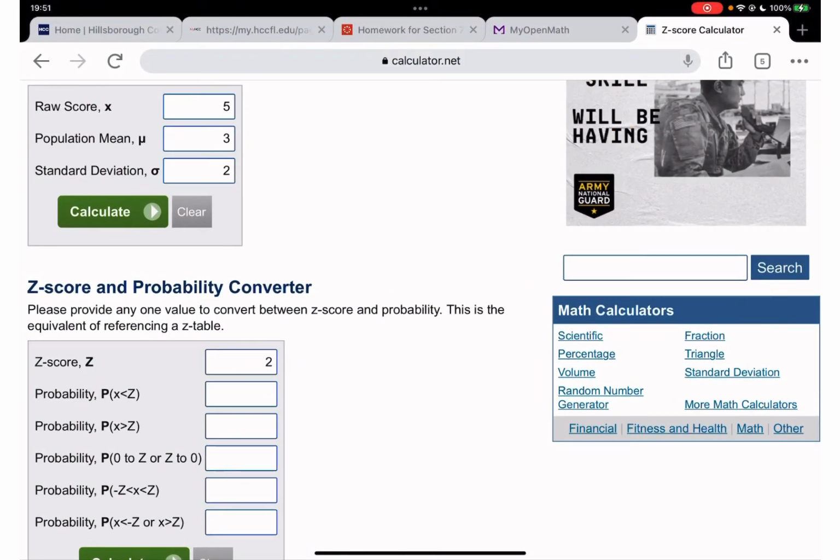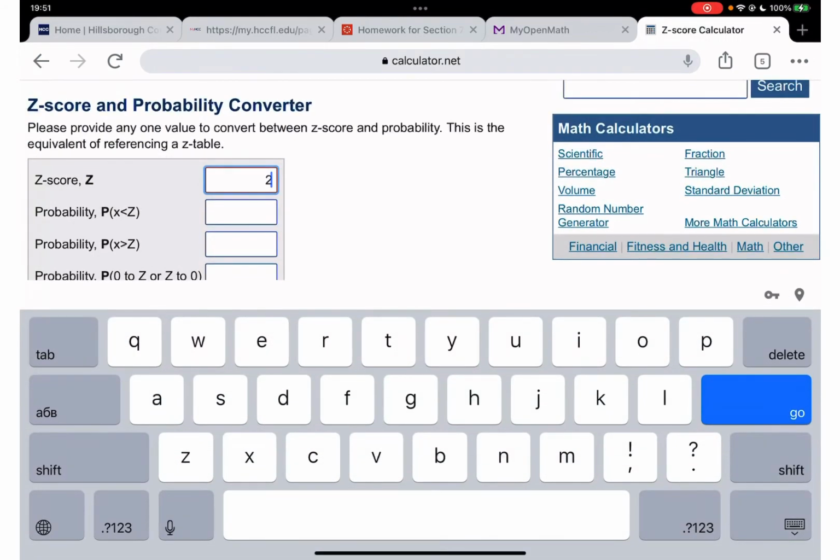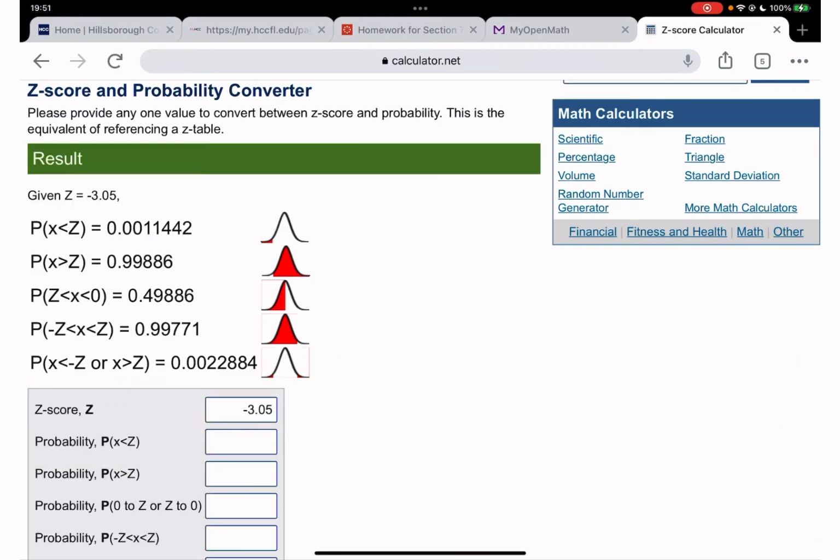So the z-score is negative 3.05. Go. There we go. And we need less than, right? The hypothesis test is less than.